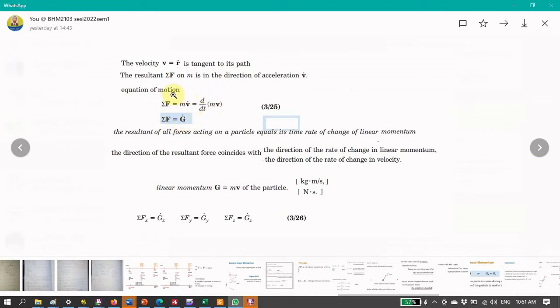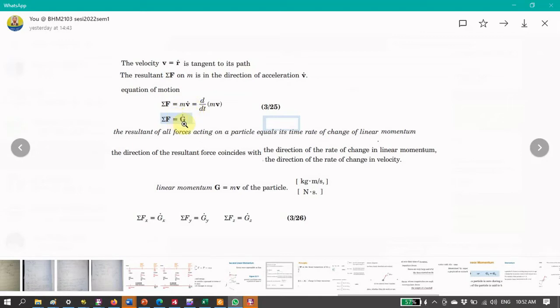When we look at equation 3.25, when I mentioned that the force is a function of time, it is because we have changes of velocity that eventually lead to the change of the linear momentum.